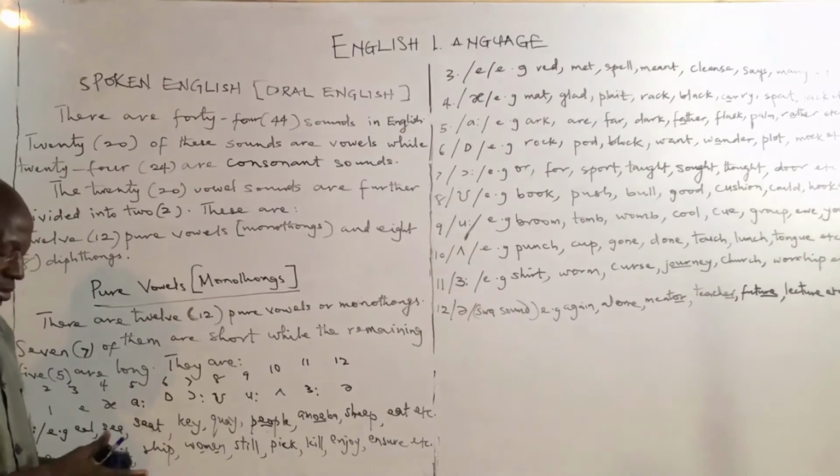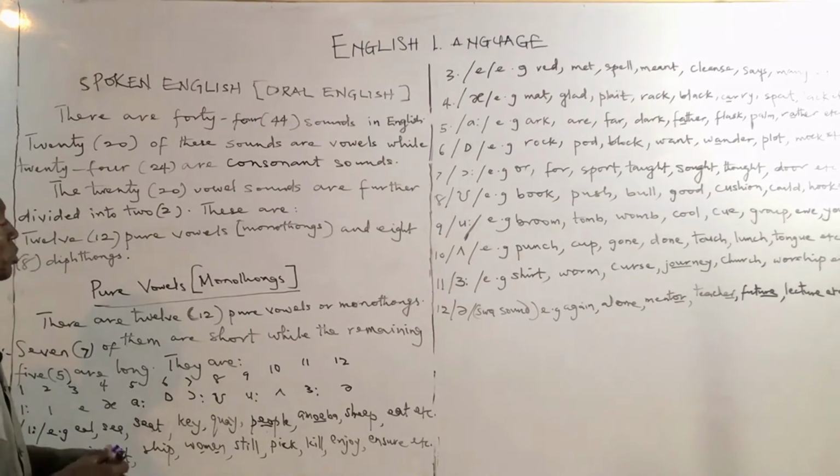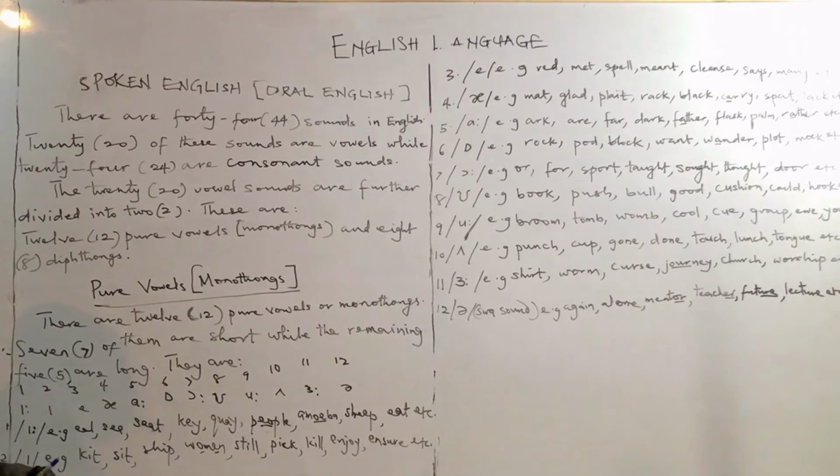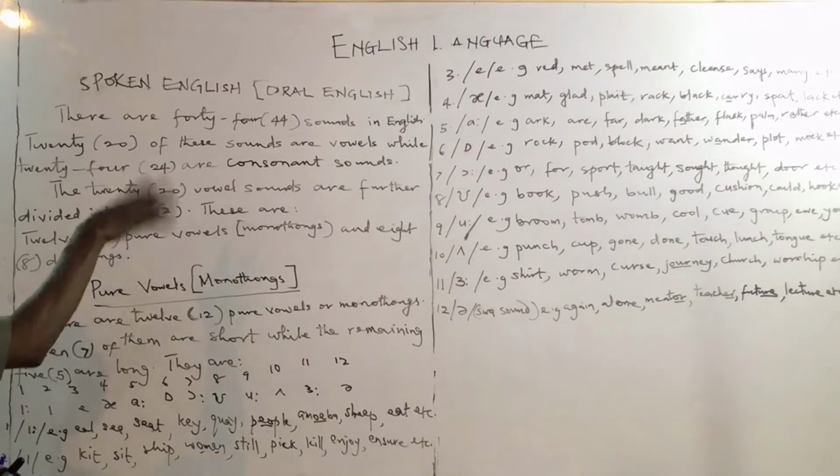Now, let me say one or two things before we look at the examples. You know, the conventional alphabet letters, those ones are letters, A to Z. But these ones are not letters.